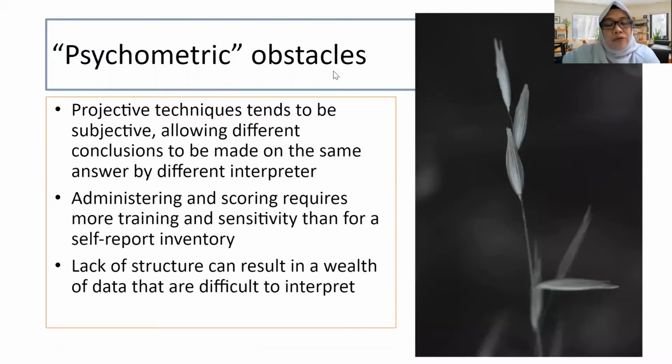Okay, so for the projective techniques, there are obstacles from the psychometrician's point of view. First, the projective techniques tend to be subjective because they are based on the clinical judgment of the interpreter.